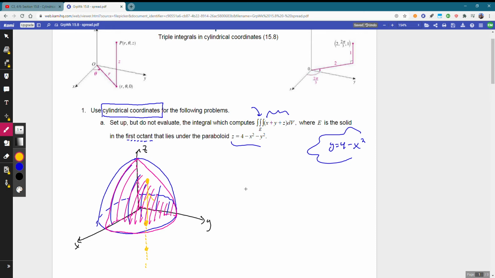And if we pick something else underneath this, those are going to be consistent instructions: start at z equals 0, move up, and then blink, come out at the paraboloid. So we get consistent start-stop instructions, so we can set up our innermost integral, moving z from the bottom, z equals 0, up to the top, which is our paraboloid, 4 minus x squared minus y squared, already solved for z for us.